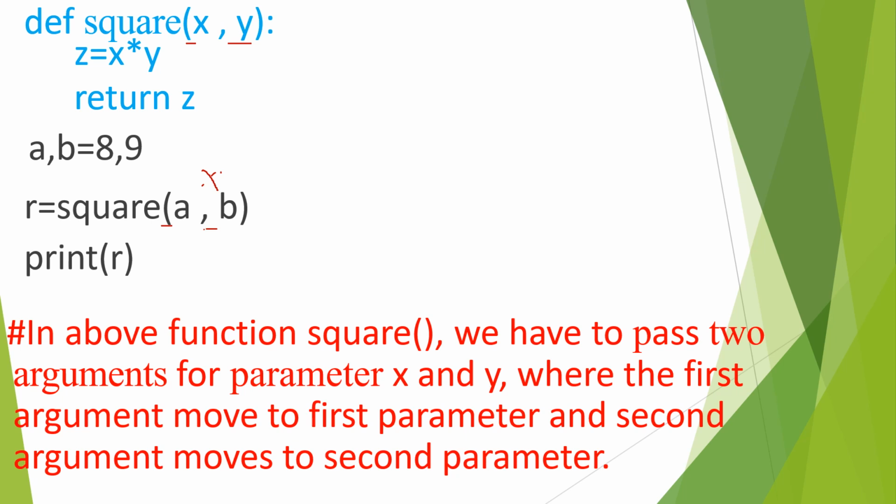Because the argument a would get copied into the parameter x and there will be no value for the parameter y. So it would raise the TypeError. It shows that every time we invoke a function, the number of arguments must match the number of parameters.